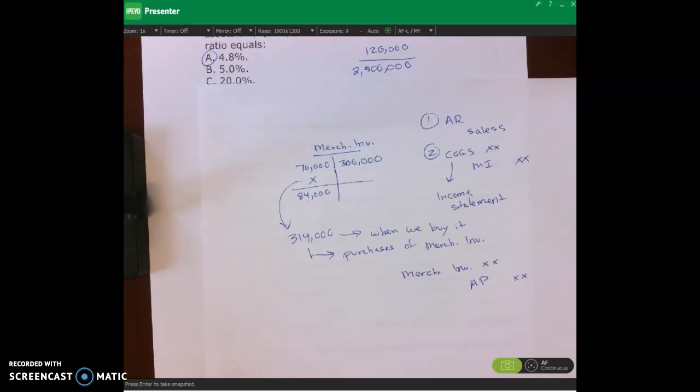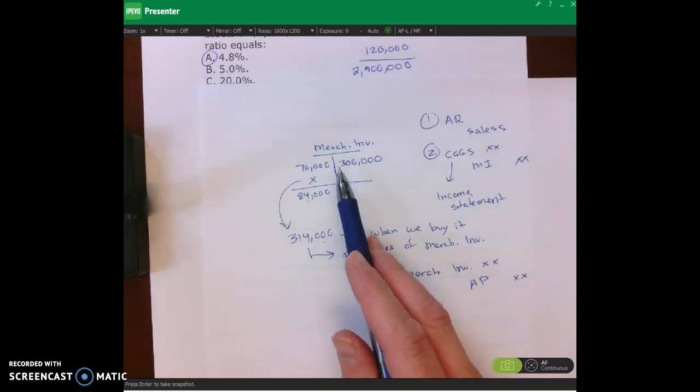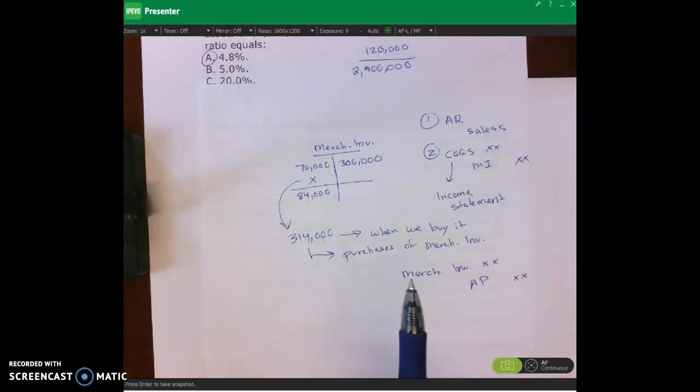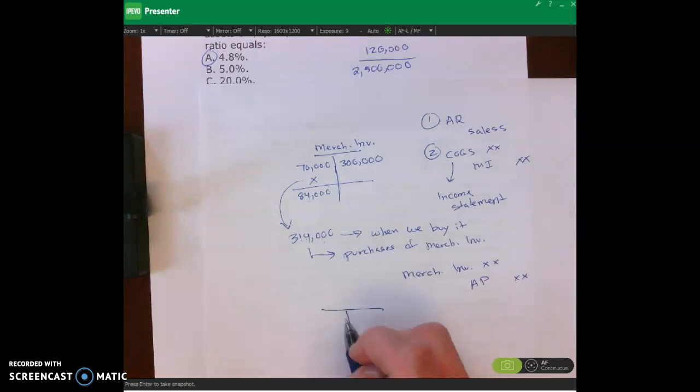So that still doesn't say how much we purchased using credit or how much we purchased using cash. We don't know. Well, we can use our accounts payable T account now in conjunction with this 314 to help tell us that.